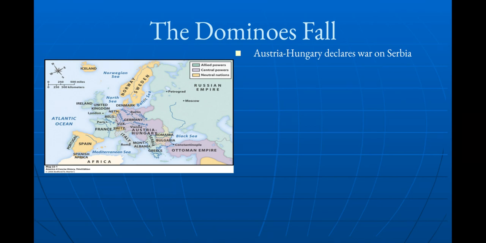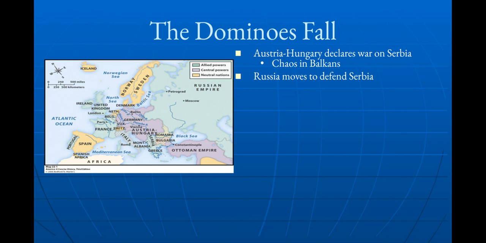Austria-Hungary, after a series of demands, sends an ultimatum to Serbia. Serbia, actually very weak, sees that it could be overrun by Austria-Hungary, and is somewhat conciliatory, but not completely conciliatory. Austria-Hungary, eager to punish Serbia over the death of the heir to the throne, declares war on Serbia. Well, Russia moves to defend Serbia.